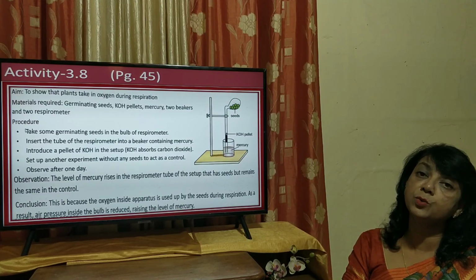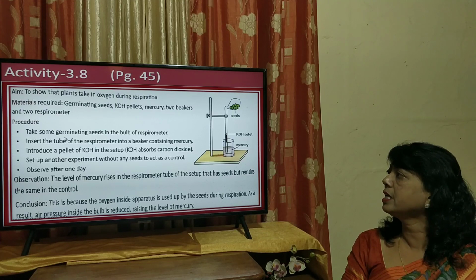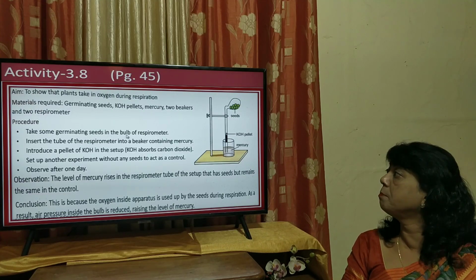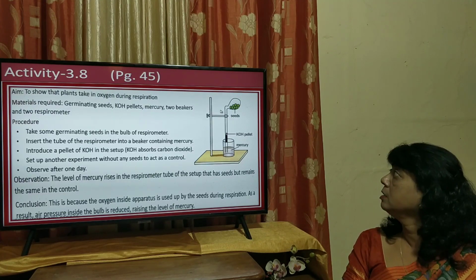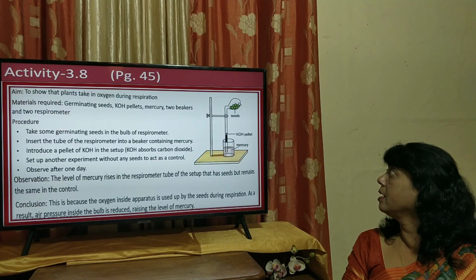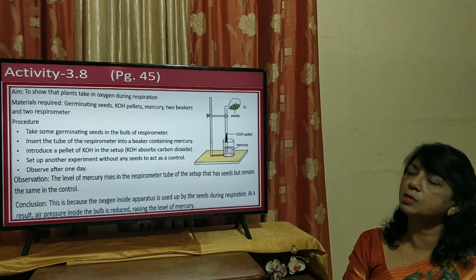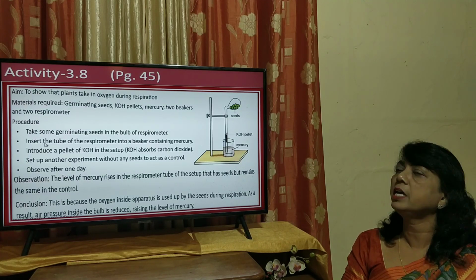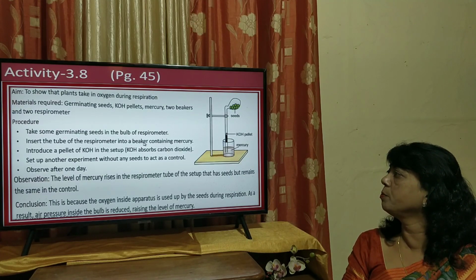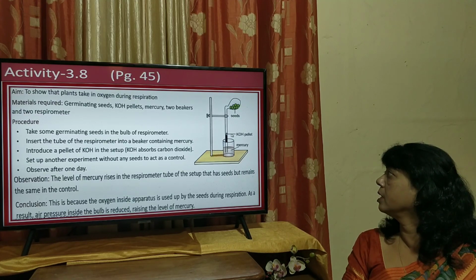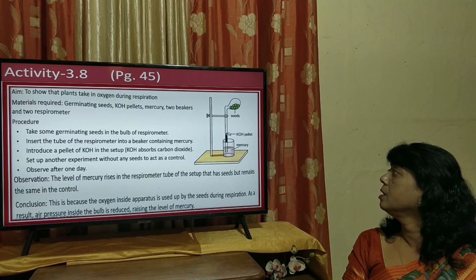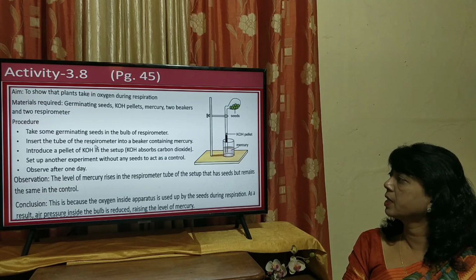Procedure, or how we'll do it: take some germinating seeds in the bulb of the respirometer. This swollen, bulb-like area is called the bulb of the respirometer, in which we'll keep the germinating seeds. Insert the tube of the respirometer into a beaker containing mercury.